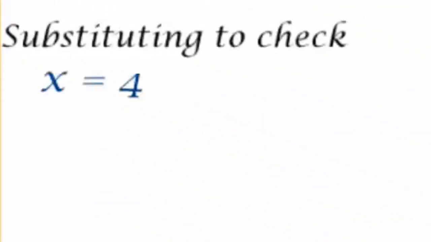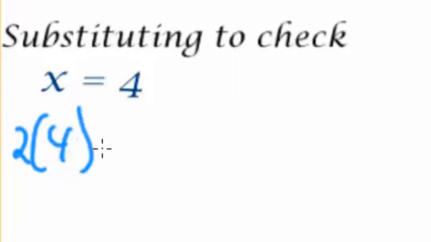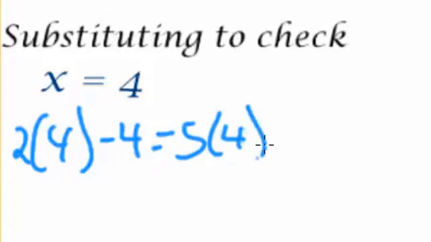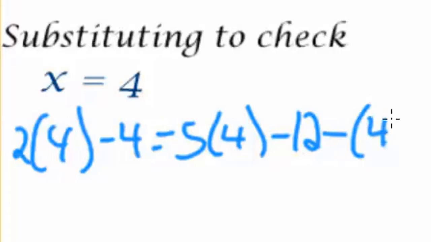Now, although we were careful, how can we make sure that we have the correct solution? How do we make sure that, indeed, x equals 4? Well, I can take this x equals 4 and I can go back to the original equation and substitute it in everywhere I see x. So 2 times 4 minus 4 will equal 5 times 4 minus 12 minus 4. Everywhere I had an x, I now replace it with 4.